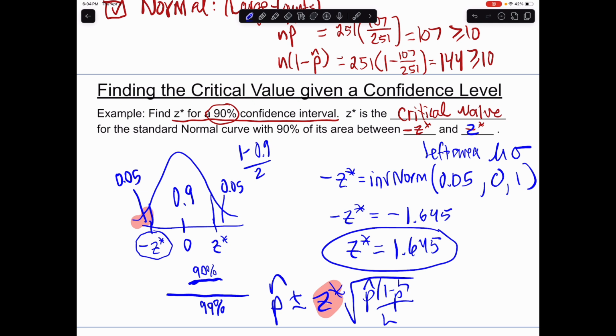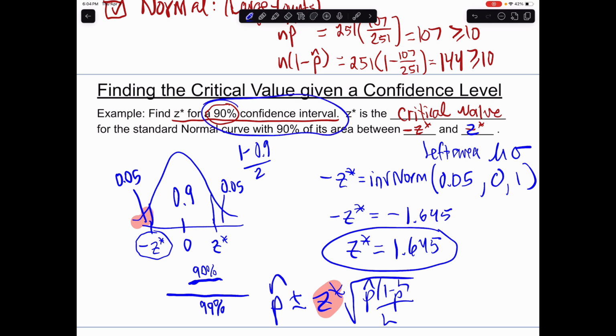But the negative is a wider interval, and it's not really good in terms of practicality. It's not really helping us estimate that much if it's so wide. So that's what Z star does. It's directly related to C, that confidence level. It doesn't matter what N is or anything like that. It's just its own thing, and it goes with the confidence interval.